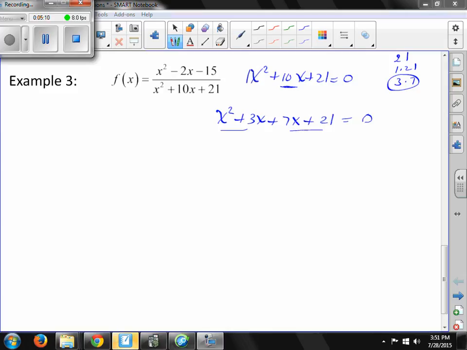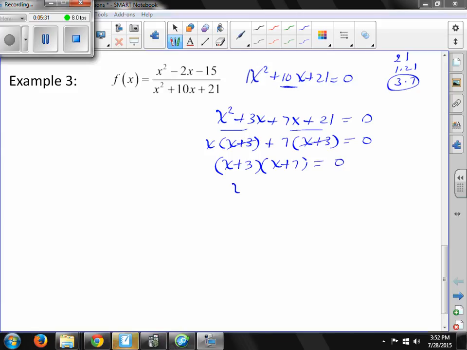Factor by grouping. Take an x out of the first part, I'll be left with x plus 3. Take a 7 out of the 7x plus 21, I'll be left with x plus 3. Take the x plus 3 out of both of them, and I'll be left with x plus 7.